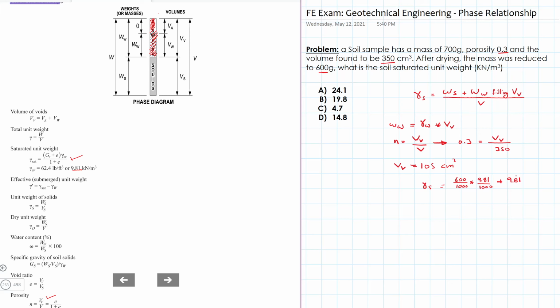So 9.81 multiplied by the volume of voids, which is 105 cubic centimeter, and we divide it by 10 to the power of 6 to convert it to cubic meter, and we divide it by the total volume, which is 350 cubic centimeter. We divide it by 10 to the power of 6 to convert it to cubic meters.